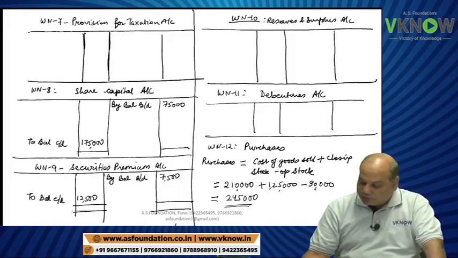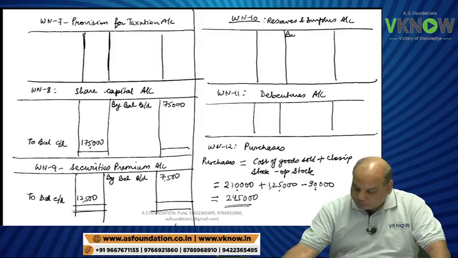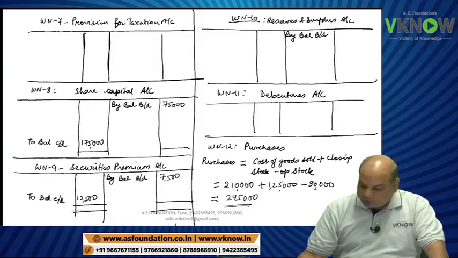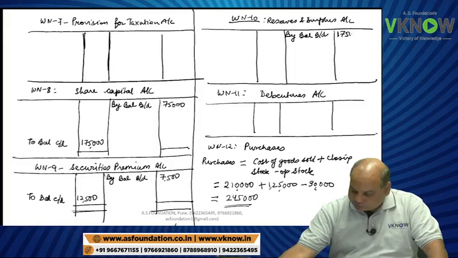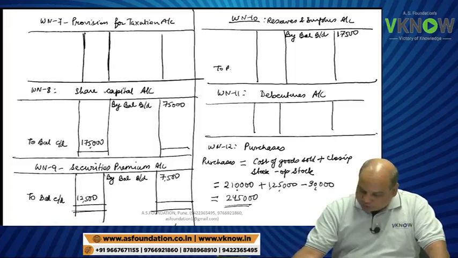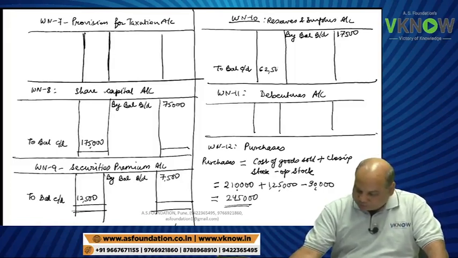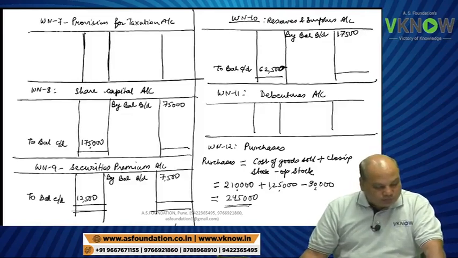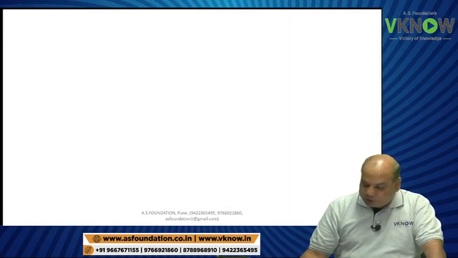Reserve and surplus, working note 10, by balance brought down is 17,500 and to balance carried down is 62,500. This will help you to understand accounting also. Very good question. Then the fourth item is institutional loan.